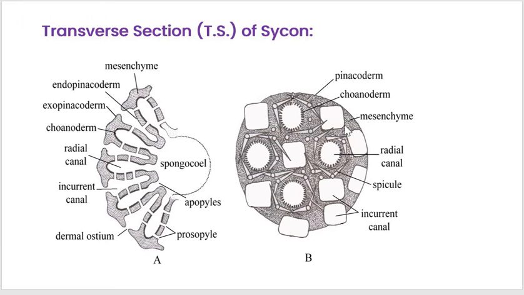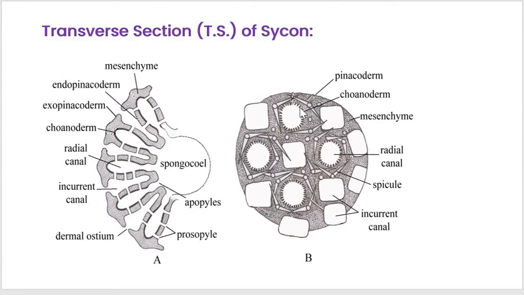After that, the choanoderm constitutes the gastral epithelium and is formed of oval or rounded polar cells, which are known as choanocytes.